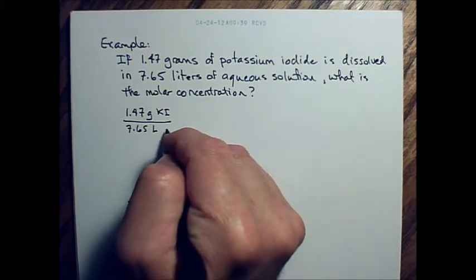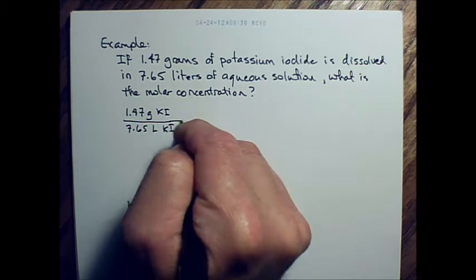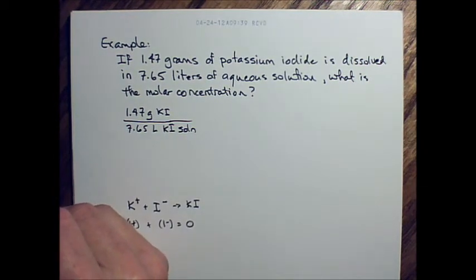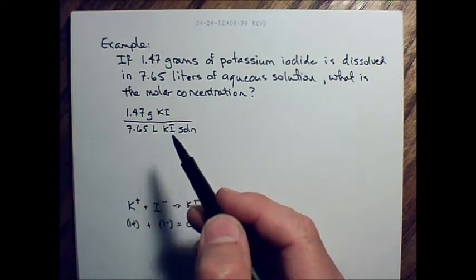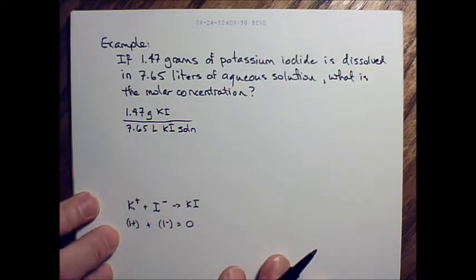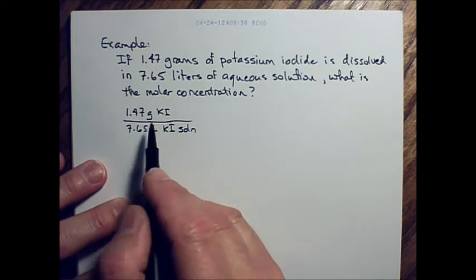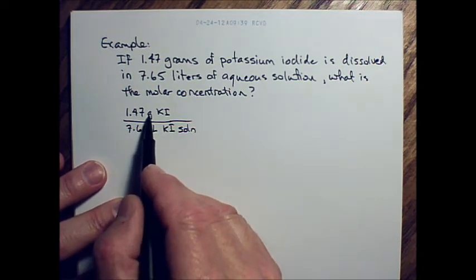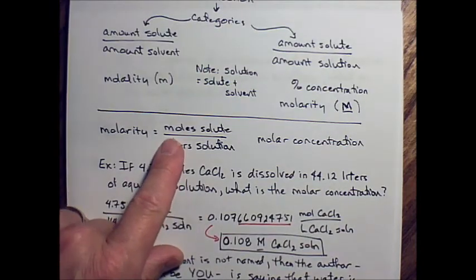We simply name this as liters of KI solution. And that's how we set it up to start if we're just simply trying to find the molarity of this particular solution we're putting together. Okay, the molar concentration. All right, to get into molarity then I've got to change grams into moles.